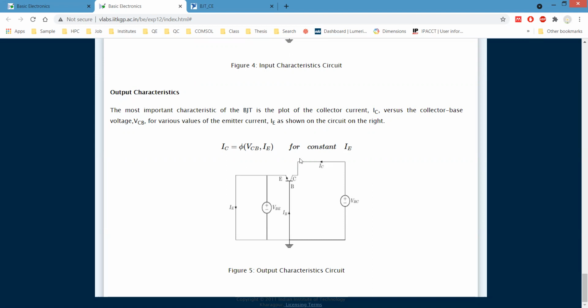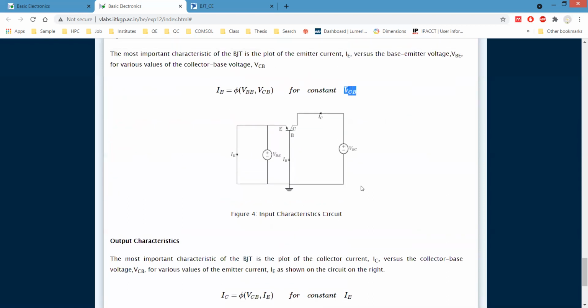So this will be the output characteristics circuit diagram. Basically the circuit is the same, but the measuring parameters are different. In case of output characteristics, the output current, the collector current, is a function of the output voltage, the junction voltage VCB. And in case of input, the current is IE, the emitter current, and the voltage is VBE, the voltage across the base emitter junction.